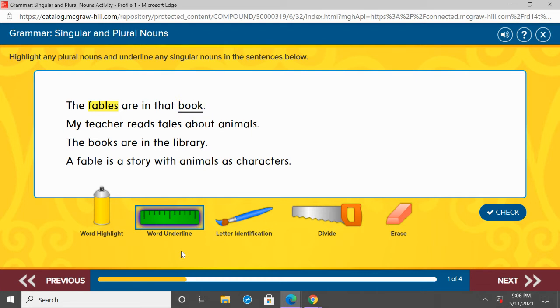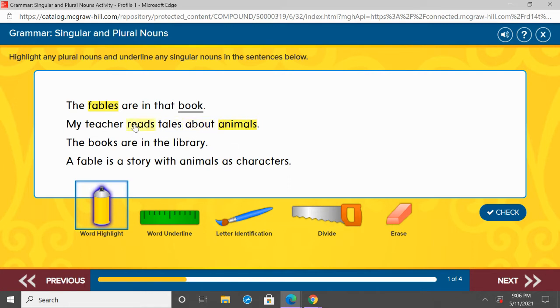Let's look at our second sentence. My teacher reads tales about animals. So let's talk about our nouns. We have teacher, tales, then we have animals. Let's first talk about our plural nouns. What nouns are talking about more than one? I see there's an S here on animals. We're talking about more than one animal.